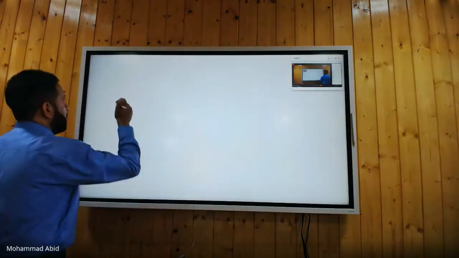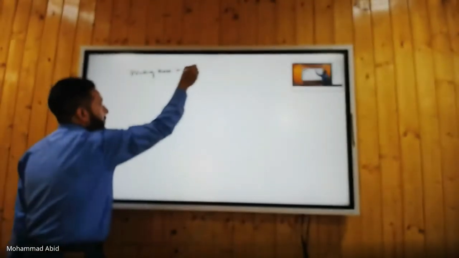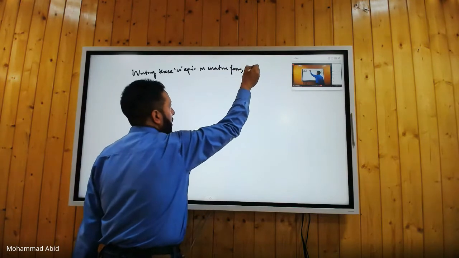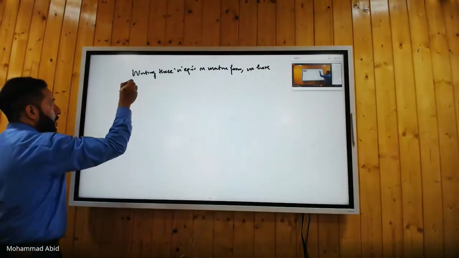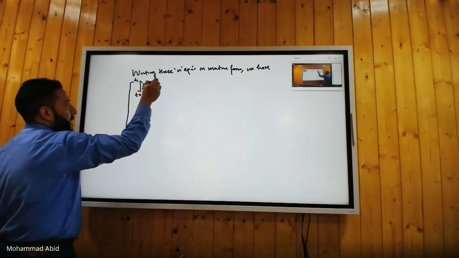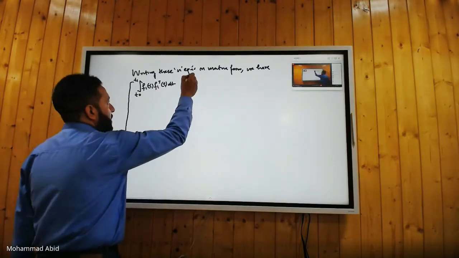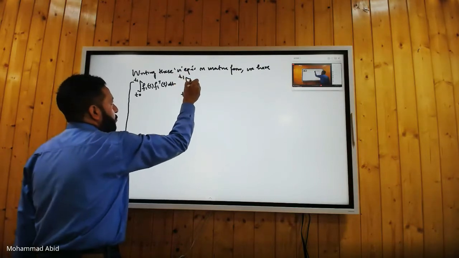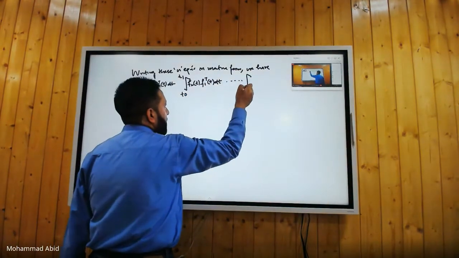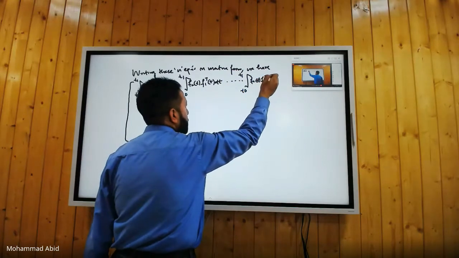So writing these n equations in matrix form, we have: integral of t0 to t1 F1(t) F1 transpose(t) dt, then integral of t0 to t1 F2(t) F1 transpose(t) dt, and so on, integral of t0 to t1 Fn(t) F1 transpose(t) dt.